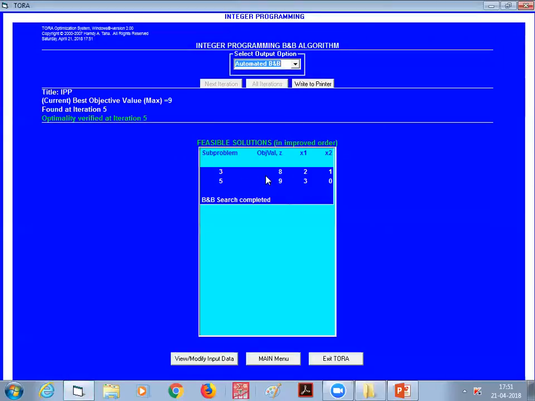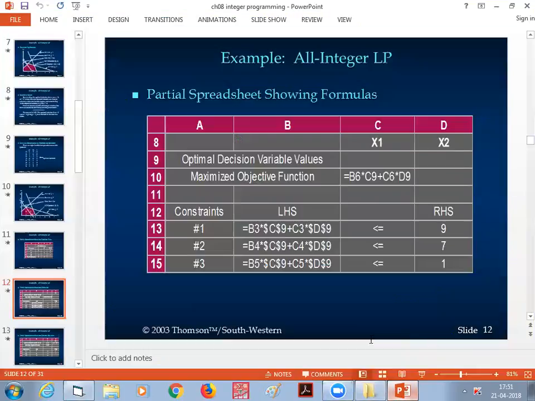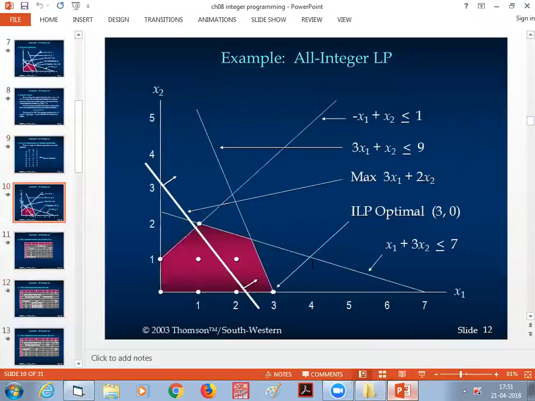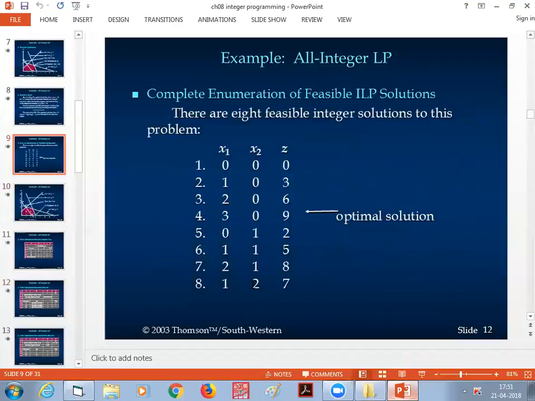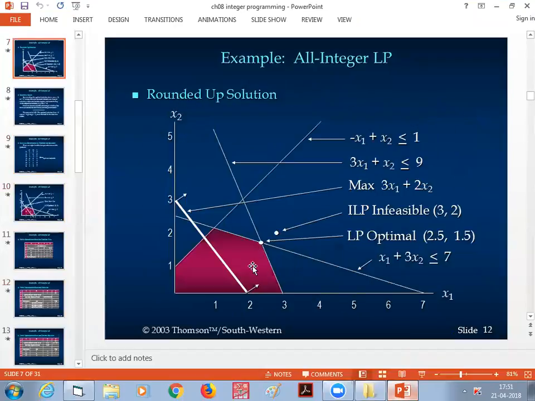And we get two immediate solutions, 2 comma 1. Basically what it will do is search near the intersection point here. This is called branching and bounding. What it will do is the following: take this point, 2.5 comma 1.5, and take any one variable, let's take x1.